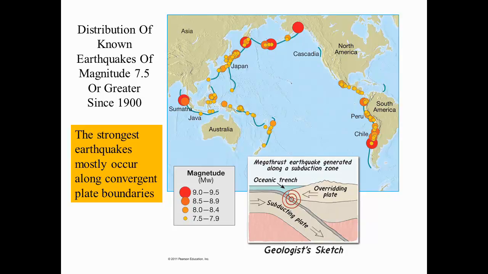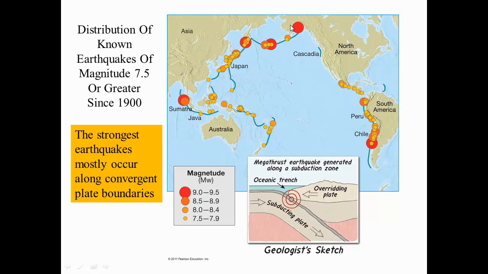Here's a map of the distribution of known earthquakes of magnitude 7.5 or greater since 1900, where the large red dots represent earthquakes of magnitude 9 to 9.5. And the largest earthquakes occurred in places like Sumatra back in 2004.